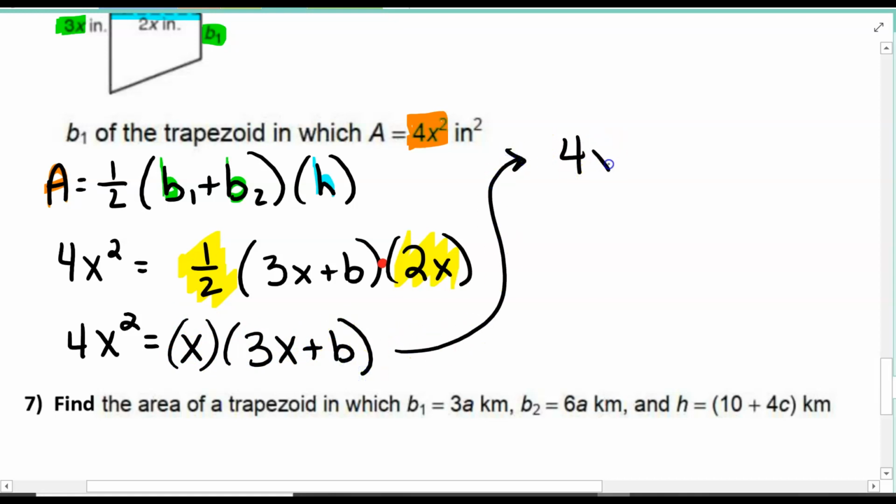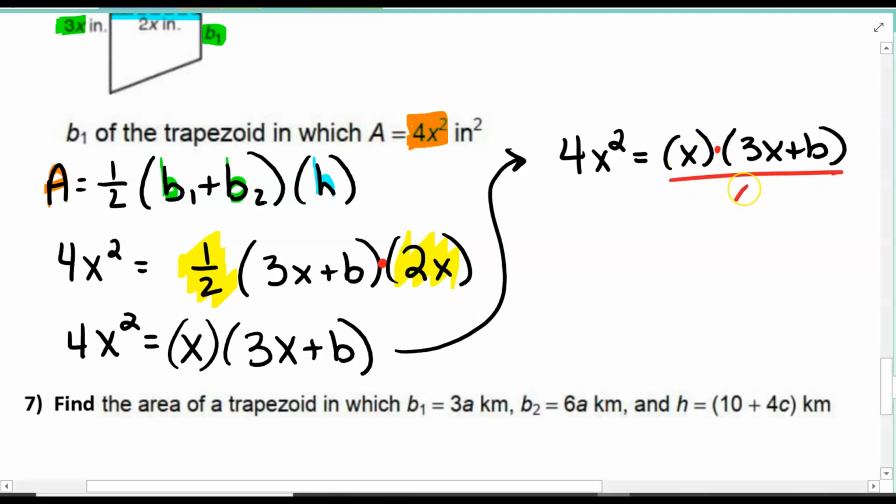I'm still looking to get that b alone, so it wouldn't make sense to distribute this x, because then I have b even more complicatedly connected with everything. So I want to be trying to strip pieces away.